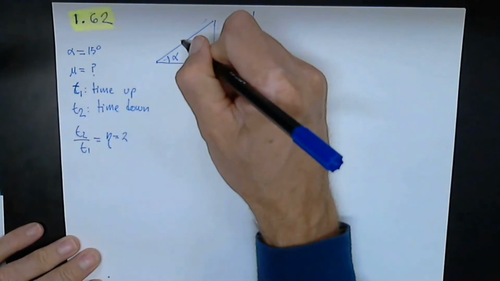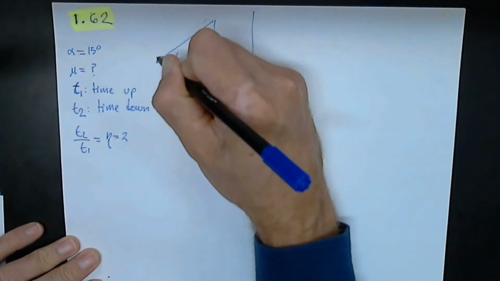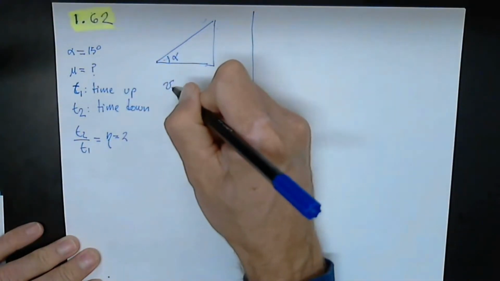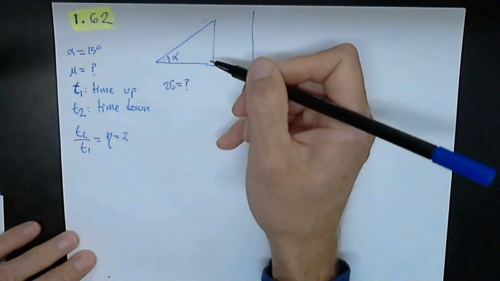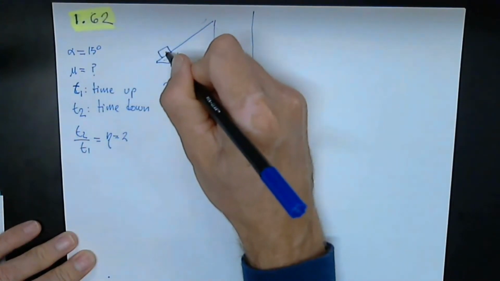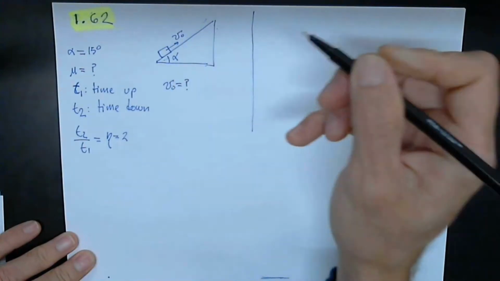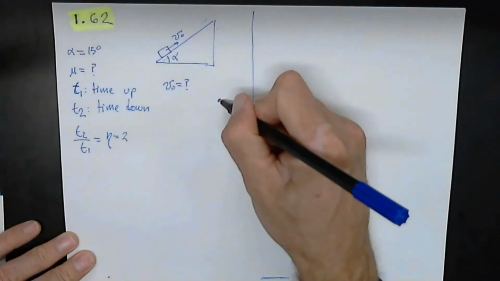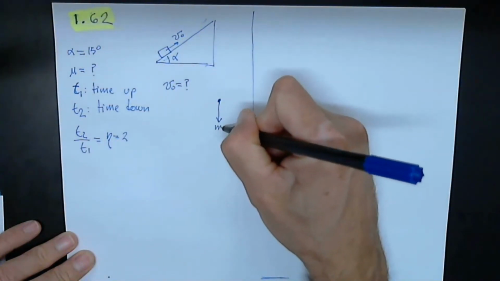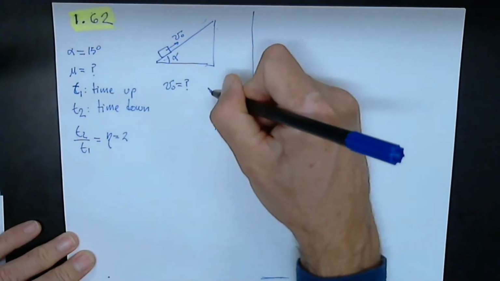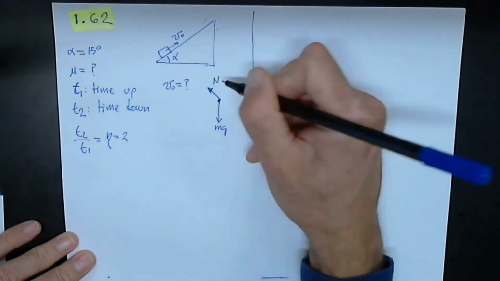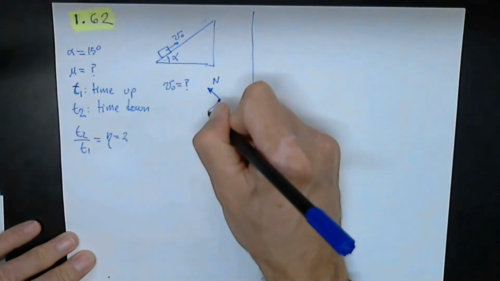Okay, when the block is launched going up, we don't know the initial velocity. And if we do the free body diagram, you have mg, the normal force, and friction is in this direction.